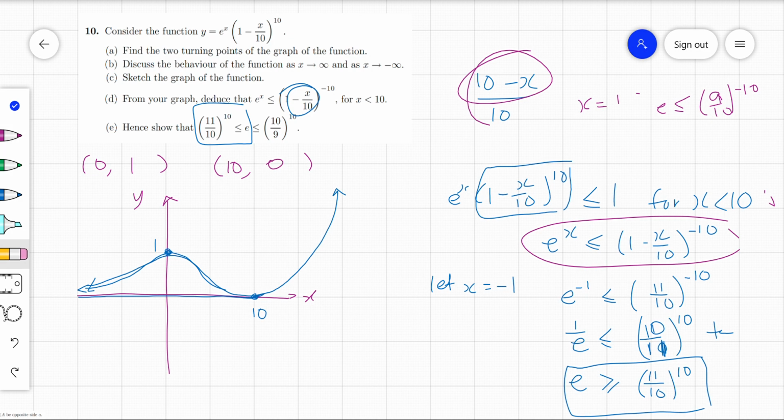Let me rub that out because I feel like I'm a little bit lost here. Alright, let's just check that I'm doing the right thing. I'm putting x equals 1 in this time, so I get e to the power of 1, which is e. I get 1 minus, so 10 minus 1, which is 9 on 10 to the negative 10.